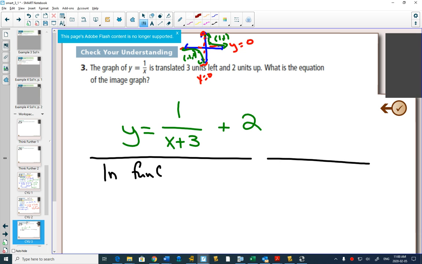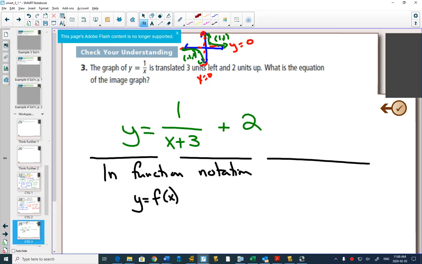I want to talk about function notation here and how you can use function notation to help you with regular notation. So our regular notation here, we had y equals 1 over x, and we translated it 3 units left and 2 units up. If this question had started off in function notation and said you had the function y equals f of x, and you wanted to translate it 3 units left and 2 units up, how would that look in terms of f?